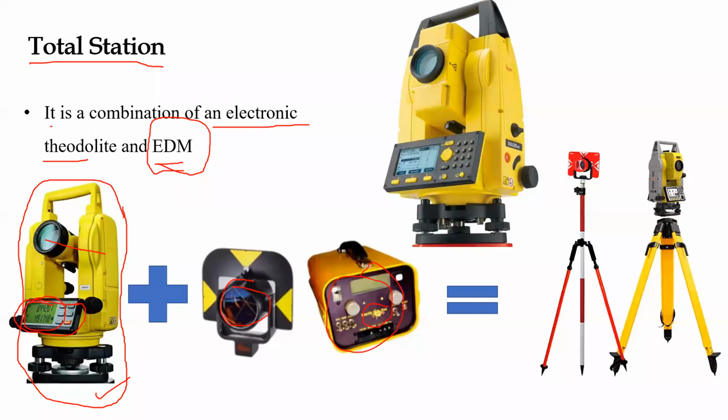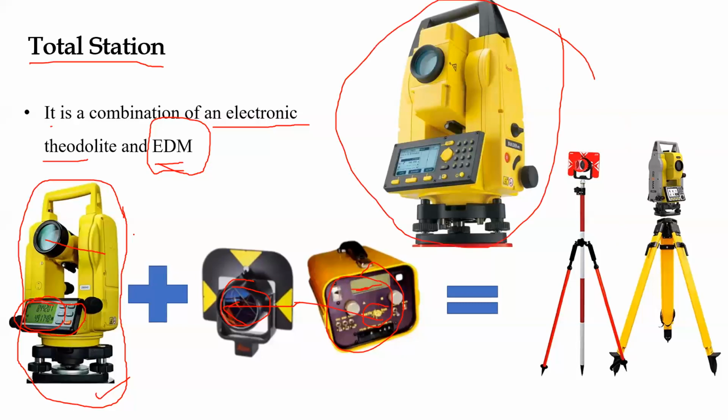The source will emit the electromagnetic waves that will be reflected by the reflector, and ultimately that distance will be shown in the display here. All right, so if you combine these two, the total station comes into the picture.